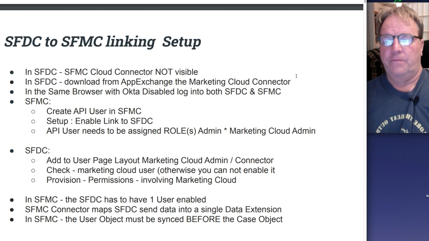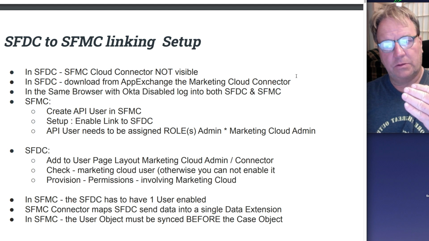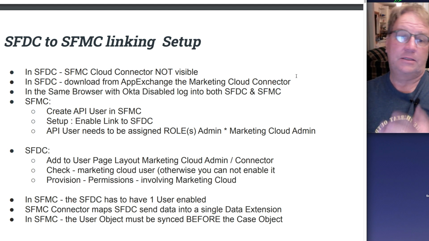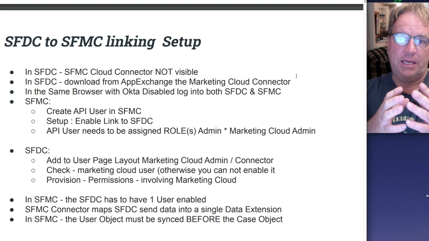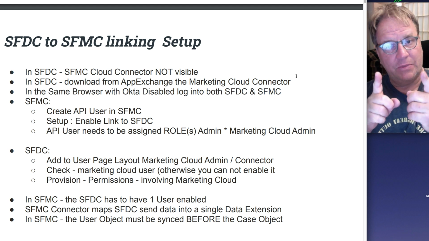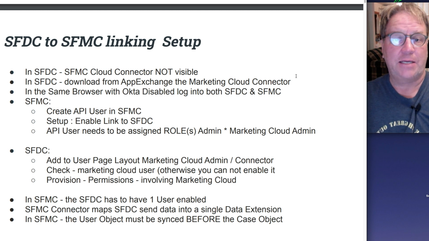In Salesforce Marketing Cloud, you'll have to create an API user, and then enable the API user to link into Salesforce.com. And in Salesforce.com, you have to add to the user page layout the additional fields that came with the connector, and enable them, and also make that user that. And then there are a couple other steps, and I'll show you next.